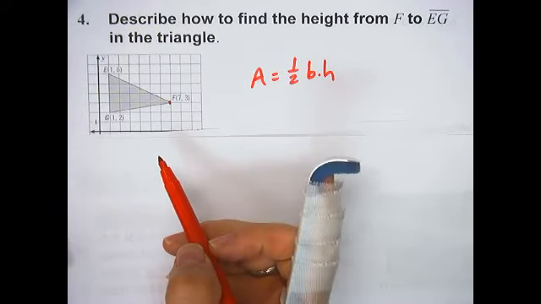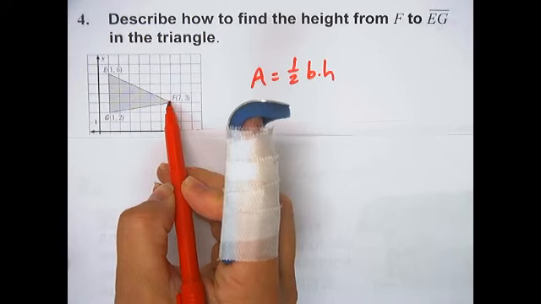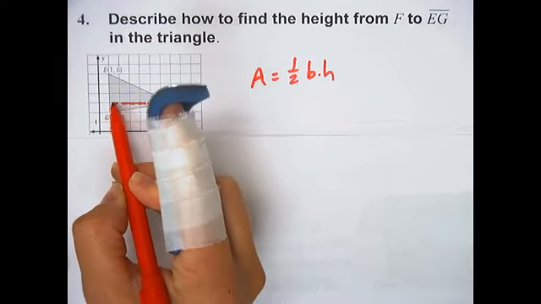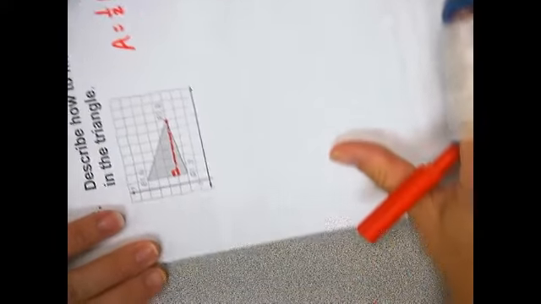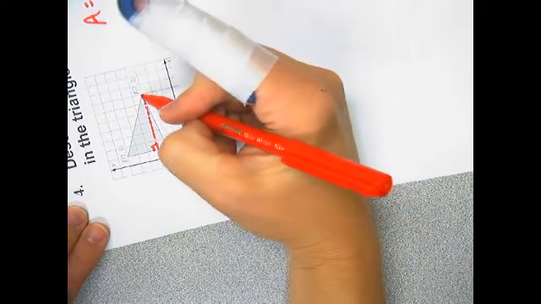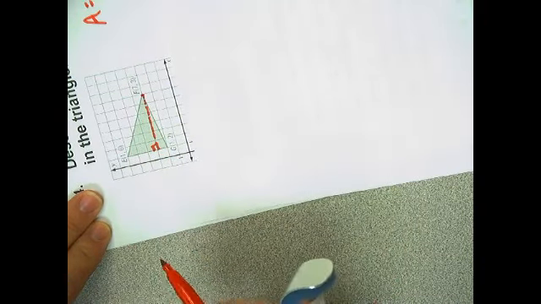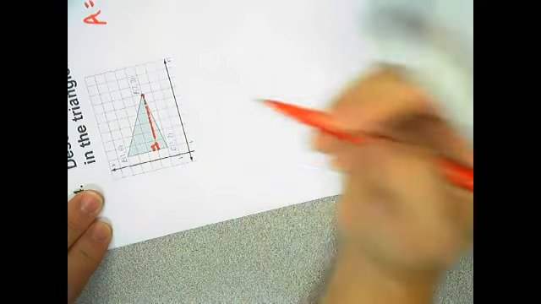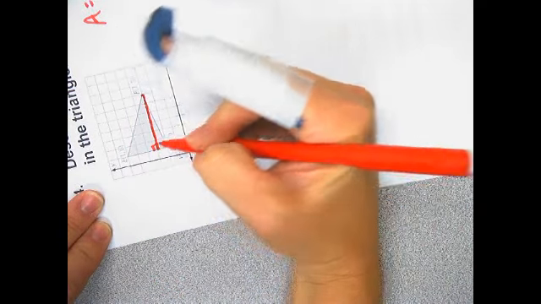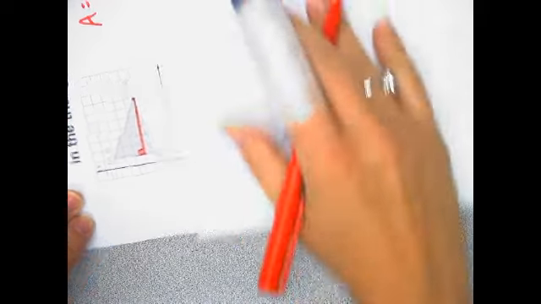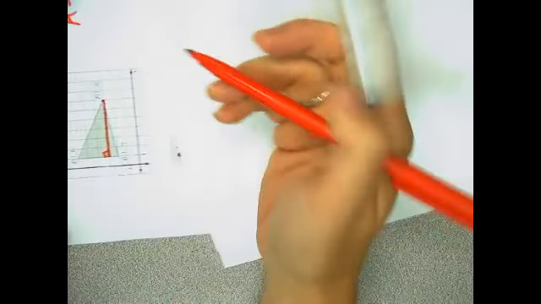The biggest thing I want you to remember is you have flexibility with a triangle to consider any of these sides the base, as long as you can find a height that goes from a vertex perpendicular to an opposite side. So if we look at this triangle like this, notice that from point F, a perpendicular segment coming down and hitting EG is going to be considered our height.